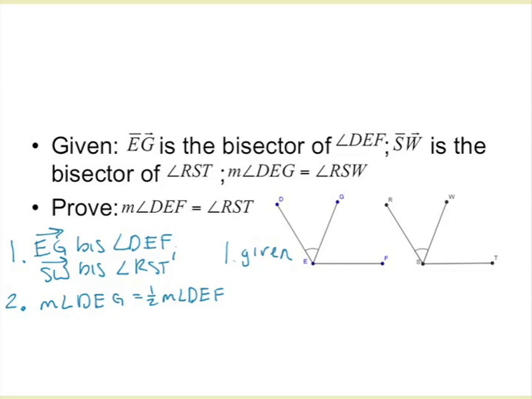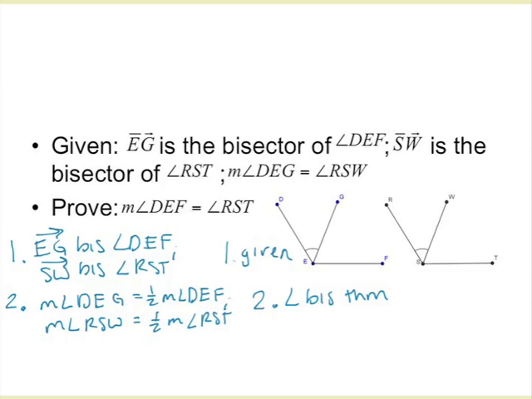So looking at the picture, the upper piece is half of the whole thing. And likewise for the other picture, the measure of angle RSW is equal to 1/2 the measure of angle RST. So that was our angle bisector theorem. Once we've proven that theorem, we're allowed to use it as a reason.